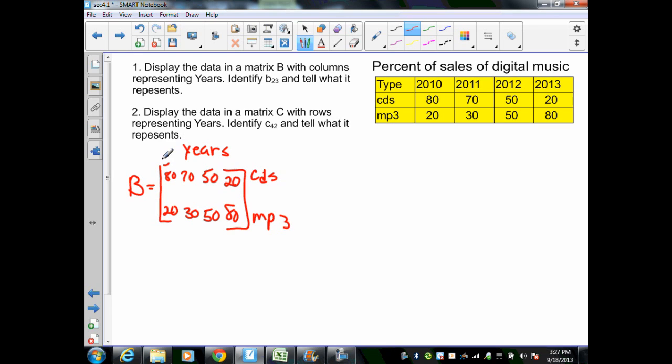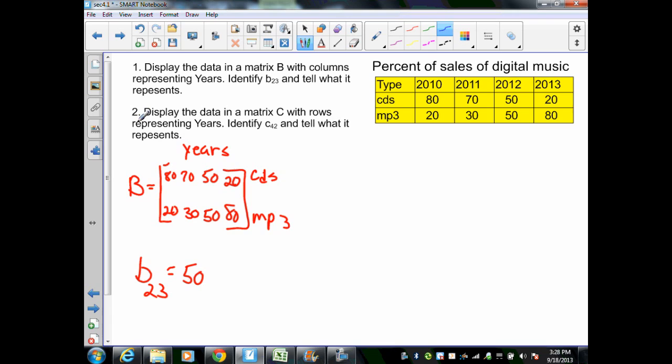And the years 2010, 11, 12, and 13 are represented vertically. Then they want us to identify element B, row 2, column 3. Row 2, column 3. And that element is 50.